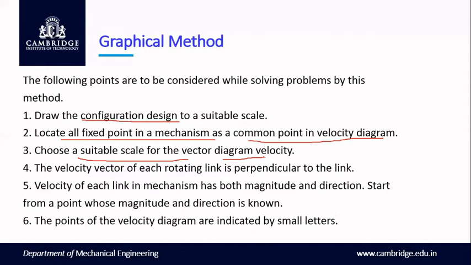The velocity vector of each rotating link is perpendicular to the link. So, that is the relationship between the link and the velocity vector. The velocity vector will always be perpendicular to the link. And the velocity of each link in the mechanism has both magnitude and direction, because velocity is a vector quantity.